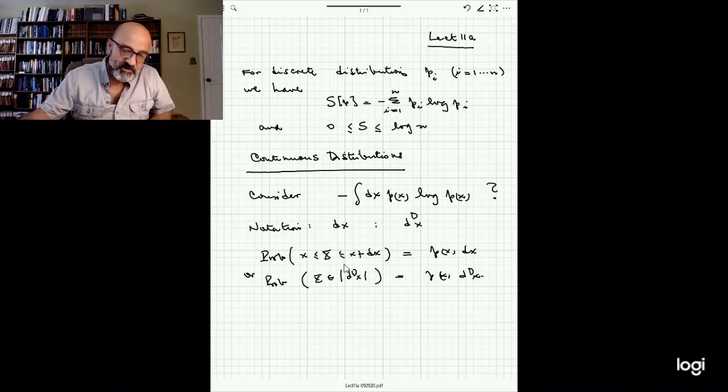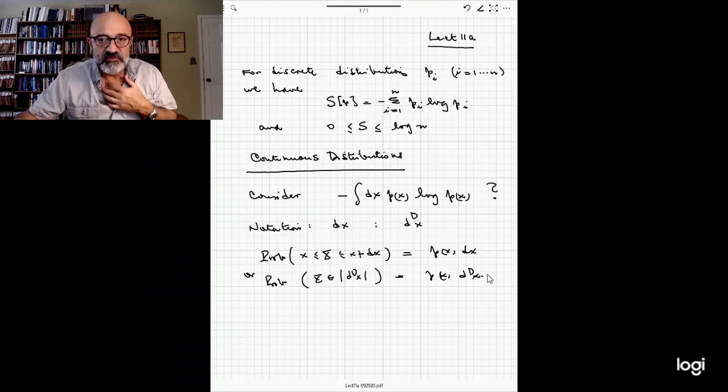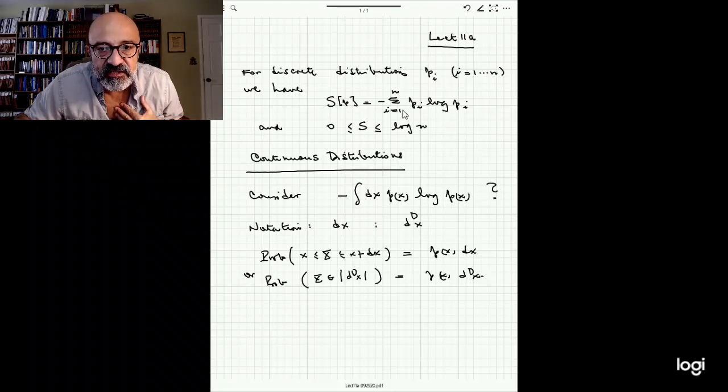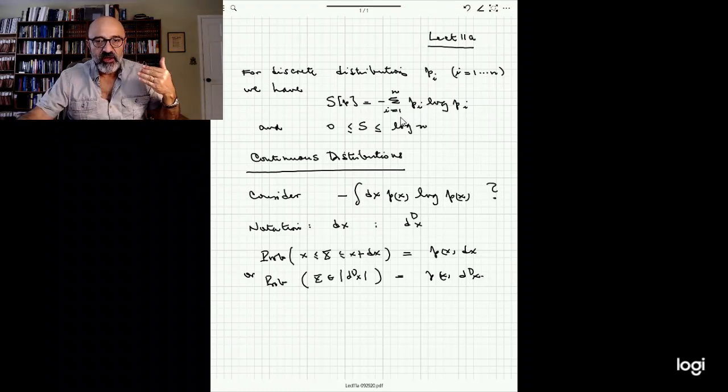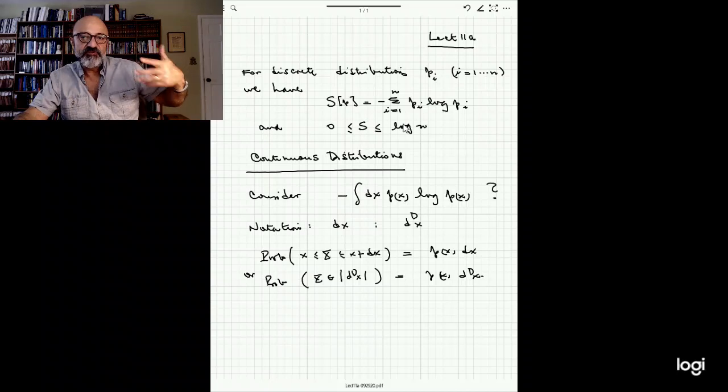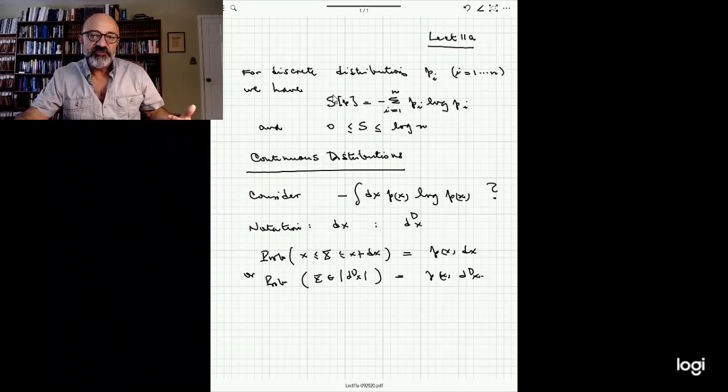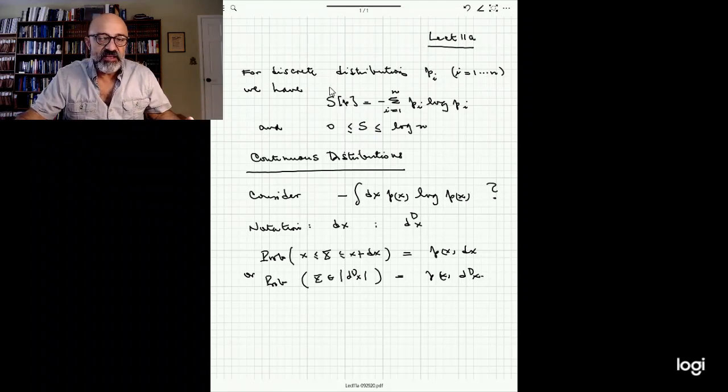Now, what is the problem with such an expression? We have a pretty decent idea of where the Shannon entropy came from. It came from obeying certain axioms, certain desirable features that we would like an amount of missing information to satisfy. Namely, whatever this amount of missing information is, it is a function of the probabilities.